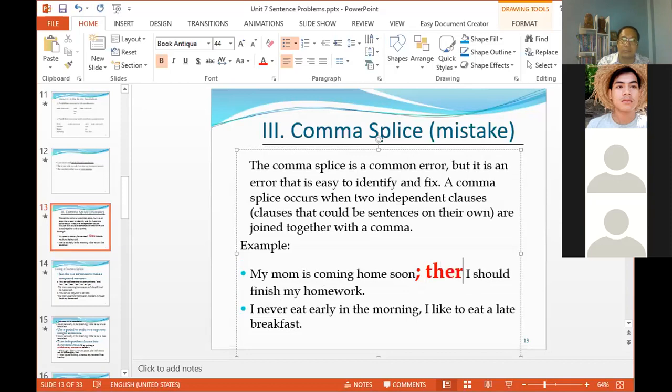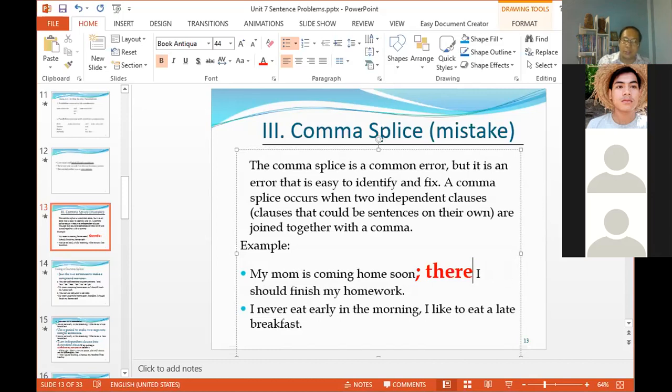There, therefore. Yeah, therefore, comma. Okay, so you can use therefore, no problem. So you can use another word, a conjunction, to make a complete sentence. You can make compound or you can make complex. The compound just uses FANBOYS and conjunctive adverbs.